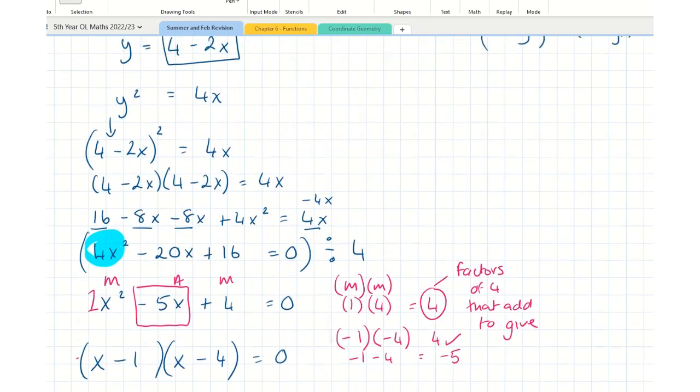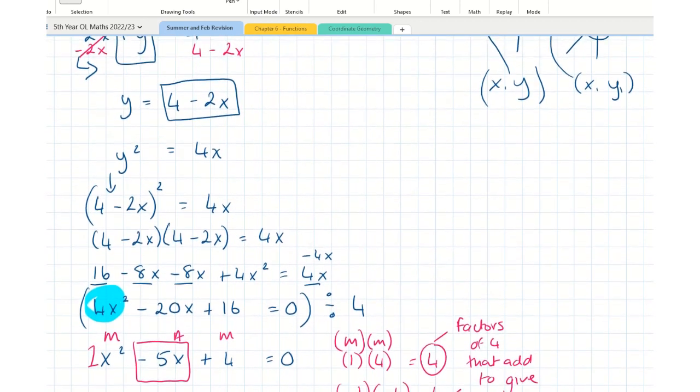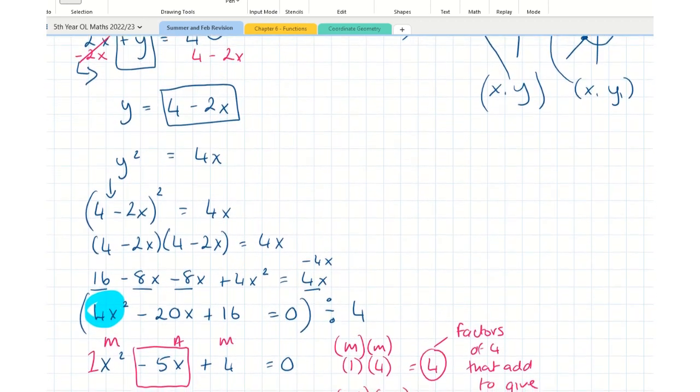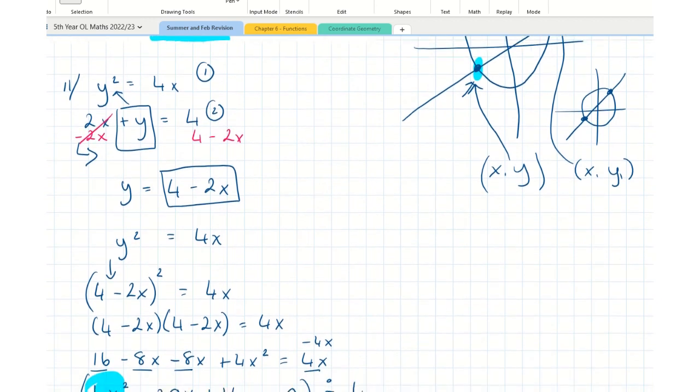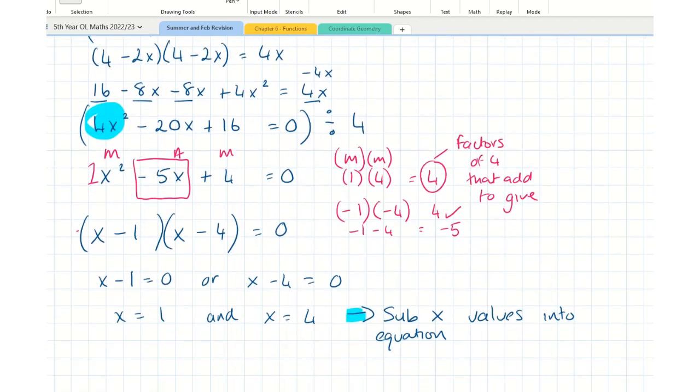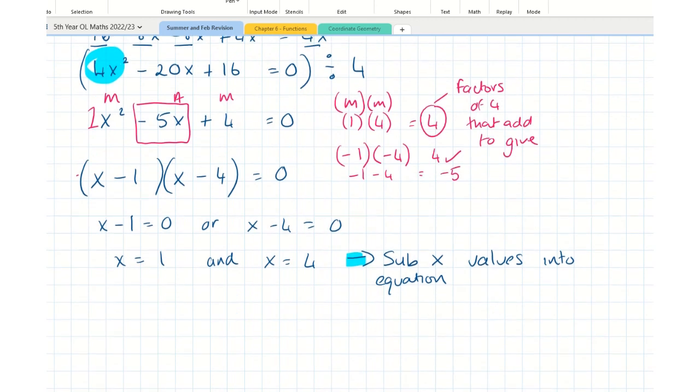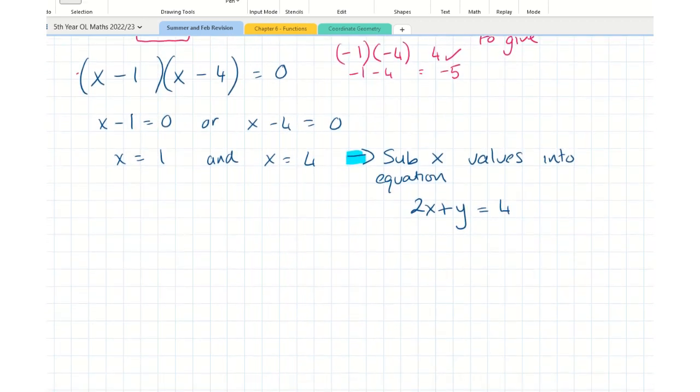If you're picking which equation to use, just pick the easiest one, the non-quadratic. In this case that would be equation 2, which is what we started with here. So I'm going to take this down here: 2x plus y is equal to 4. And then we have if x is equal to 1, and then if x is equal to 4.